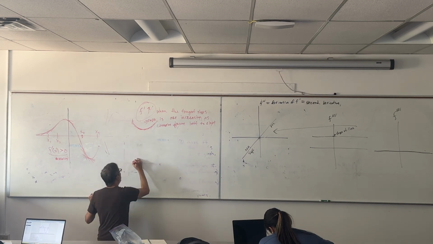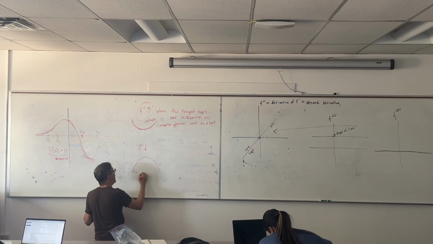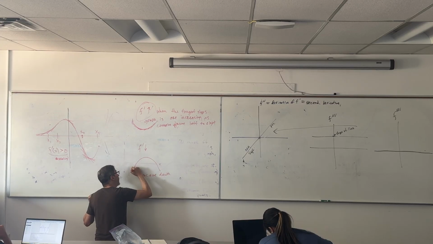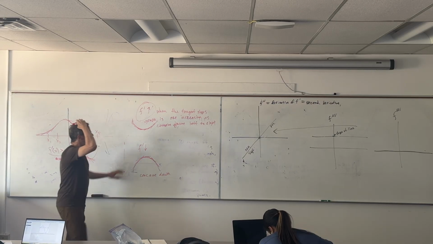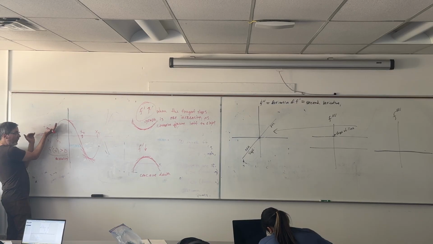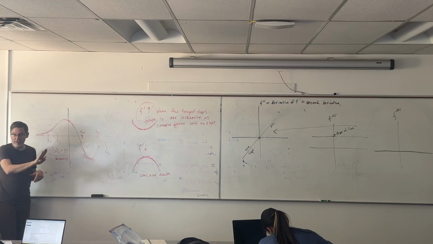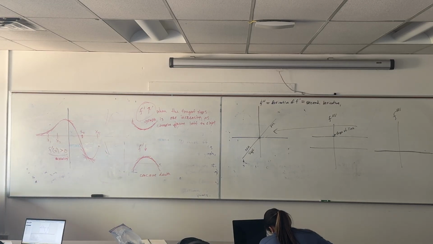And f prime is decreasing when your graph is concave down. And see here, because I have a positive slope, but it's getting less. Now it's zero, now it's negative. So you can look at where you're scooped upward and say that's where the first derivative is increasing. Here, the first derivative is decreasing, increasing again. So that's the tip, that's the trick on those two things.